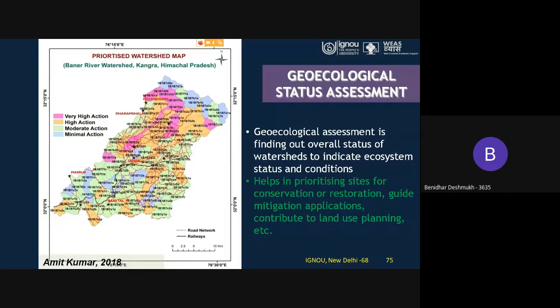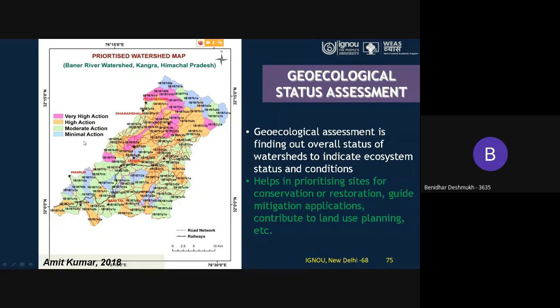Based on that, we can do the geo-ecological status assessment. That is nothing but finding out the overall status of watersheds to indicate ecosystem status and conditions, and that helps in prioritizing sites for conservation or restoration and many other purposes. Based on different parameters, this watershed was categorized into 4 different zones, from those needing very high action to minimum action.